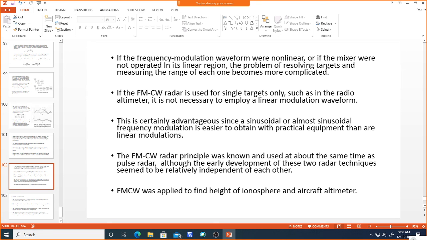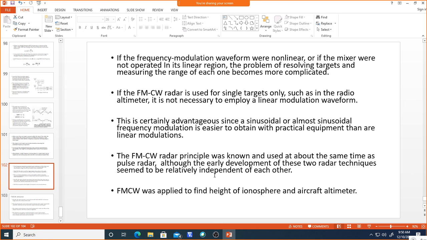Now this FMCW radar principle was known and used at about the same time as pulse radar was discovered. At the same time, FMCW was also discovered, to know the altitude of the target.